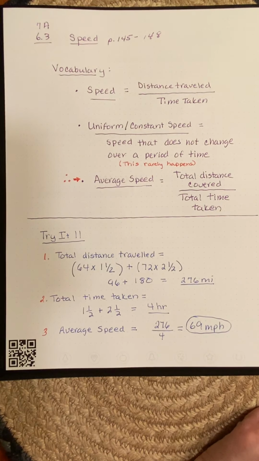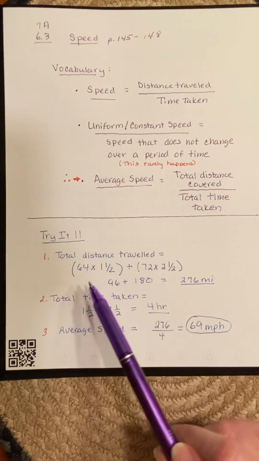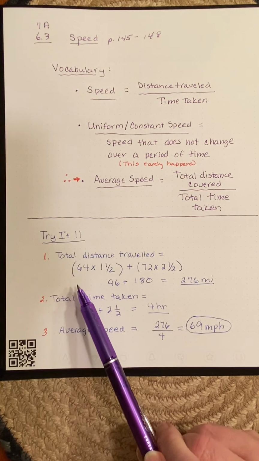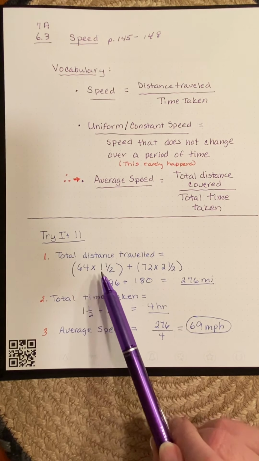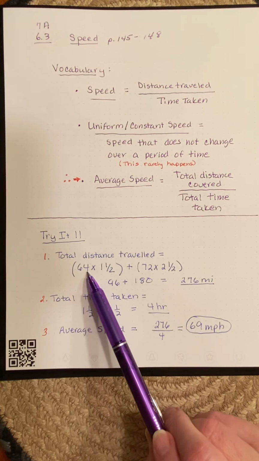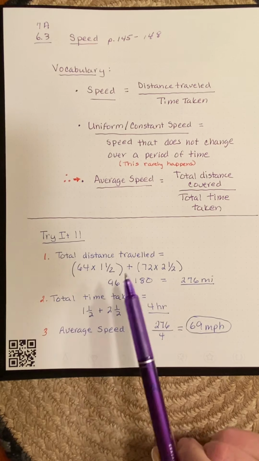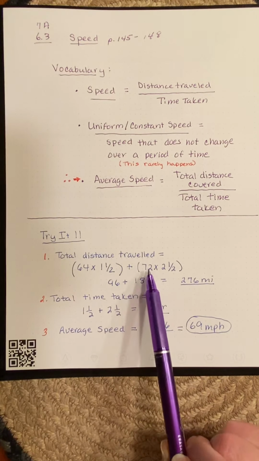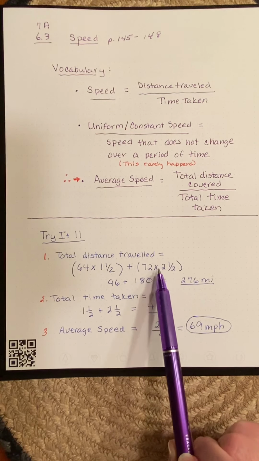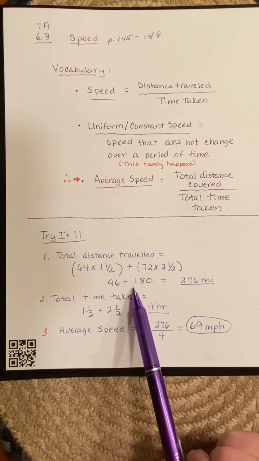Well, in order to do that, I have to see how far he traveled in the first 1.5 hours, which is 64 times 1.5 hours, because it's 64 miles an hour, so I multiply the two. And to that, I'm going to add the second part of the journey, which is 72 miles per hour times the 2.5 hours traveled.